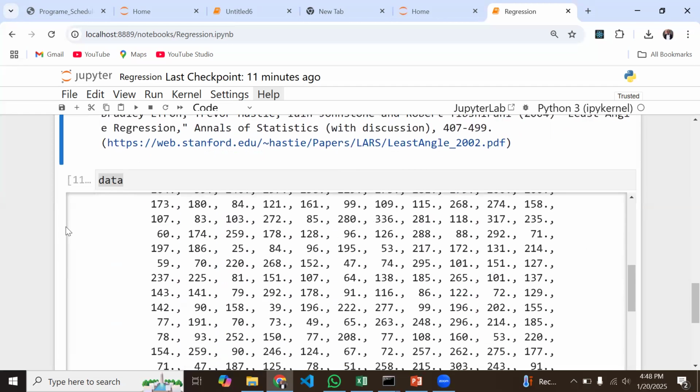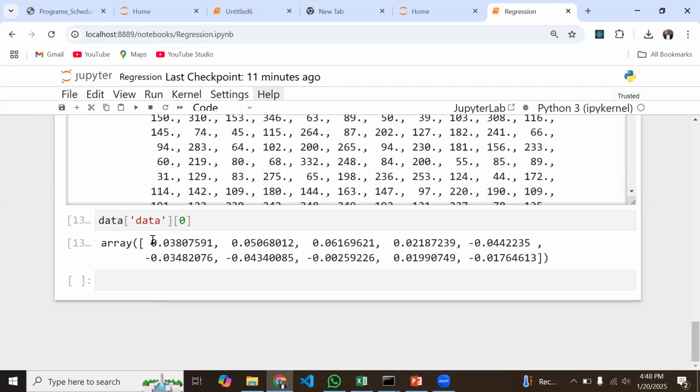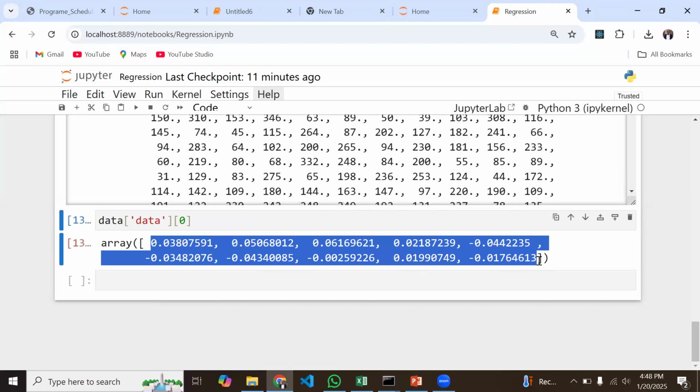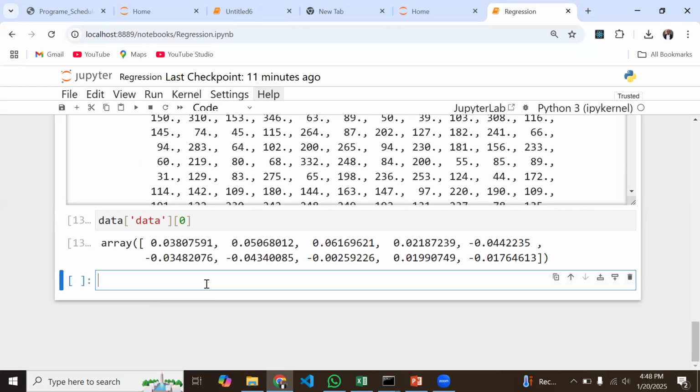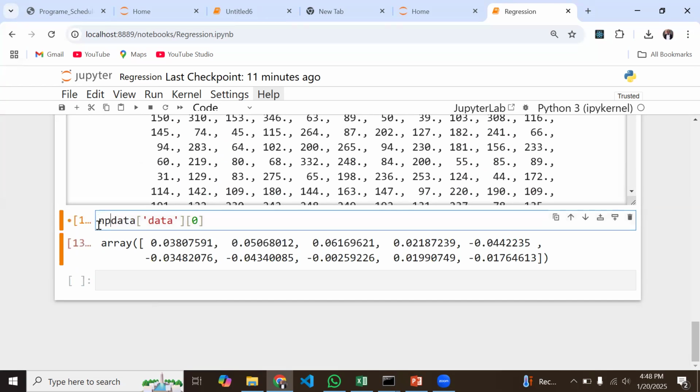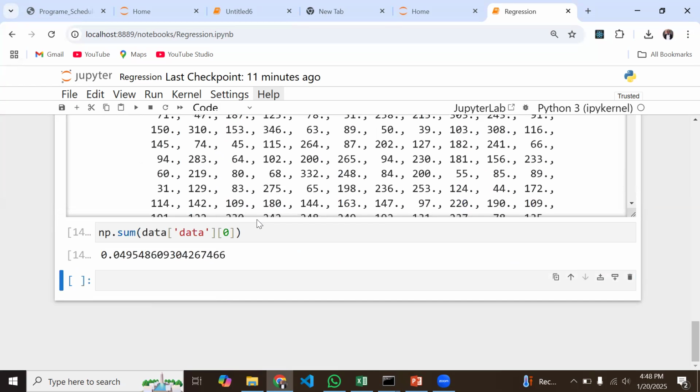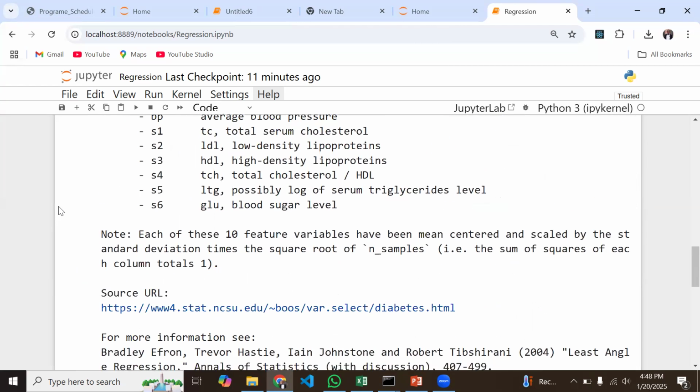So when you sum everything up, we are being told it is supposed to total 1. Let's try that and see. If I do np.sum, looking at the numbers, we don't get the 1 over here. Let me see what that means.